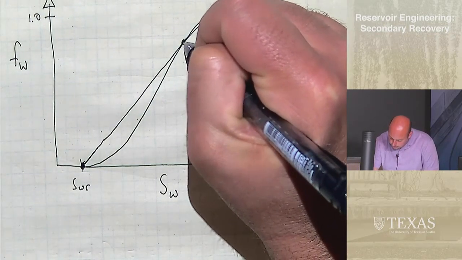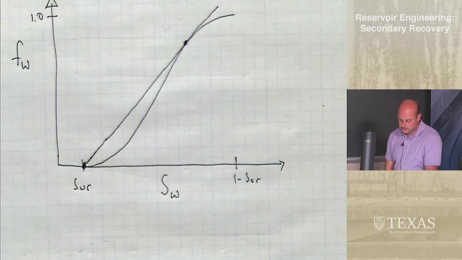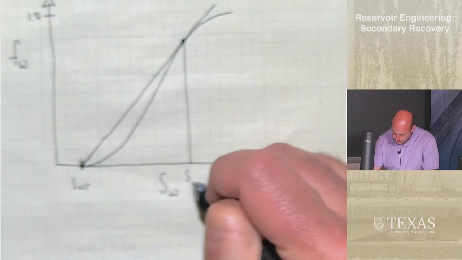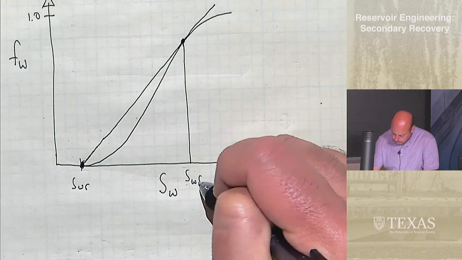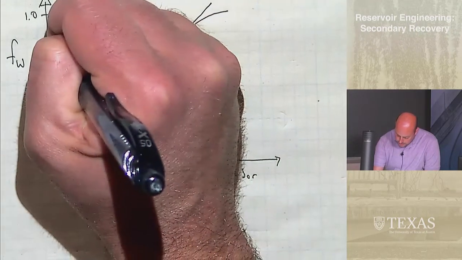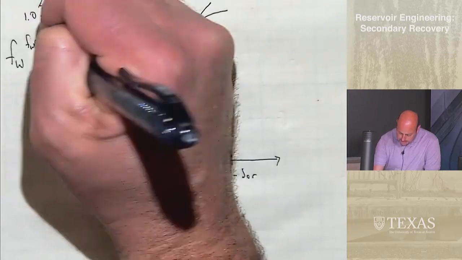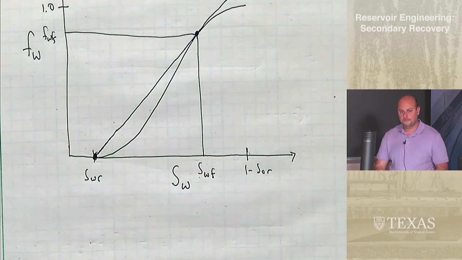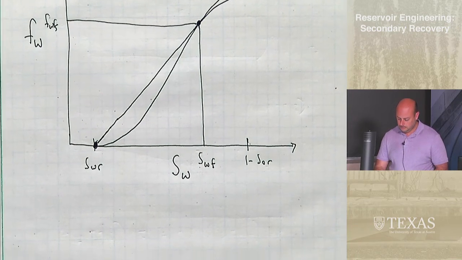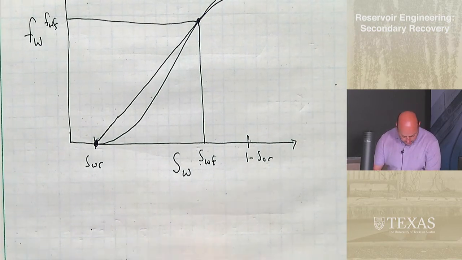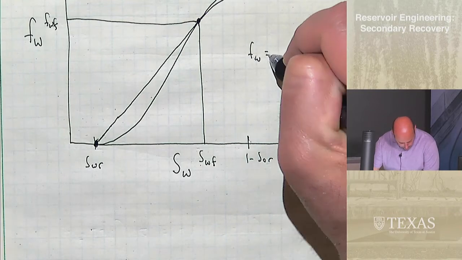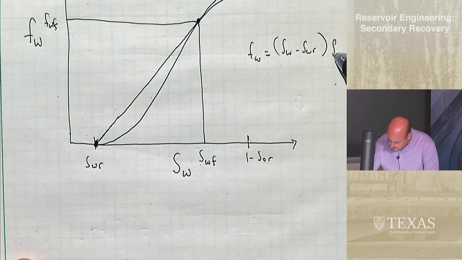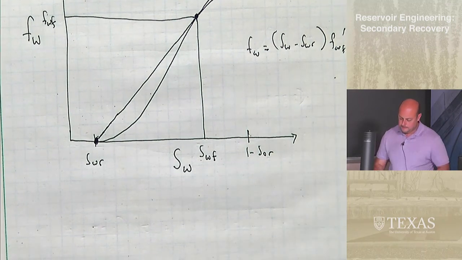If you draw the line in such a way that it just is tangent there, then the one place where it touches is the water saturation, and this is FWF. So this line is kind of like FW is equal to SW minus SWR times the slope, which is FWF prime.